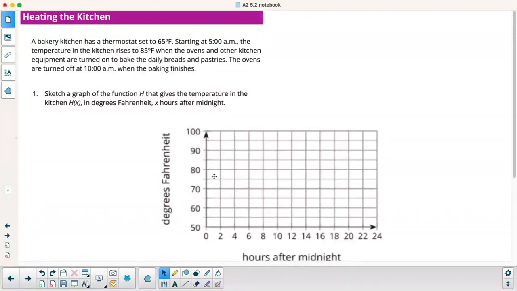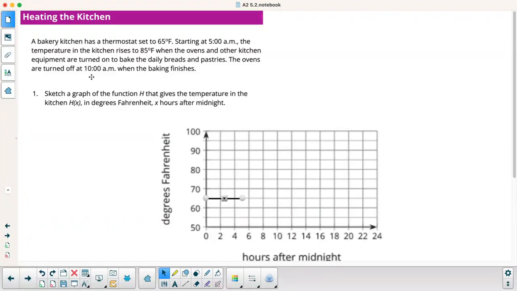Okay, so let's think about this here. The temperature is at 65. So basically 65 until what, 5 a.m.? So it should look like that. And then they turn them on to 85 when the ovens and the other kitchen equipment are turned on.